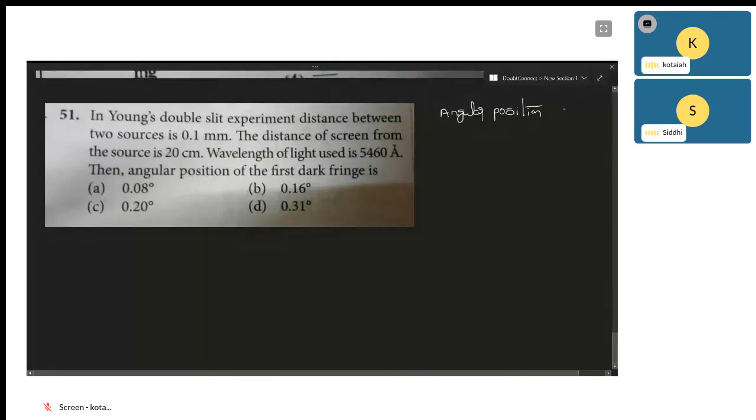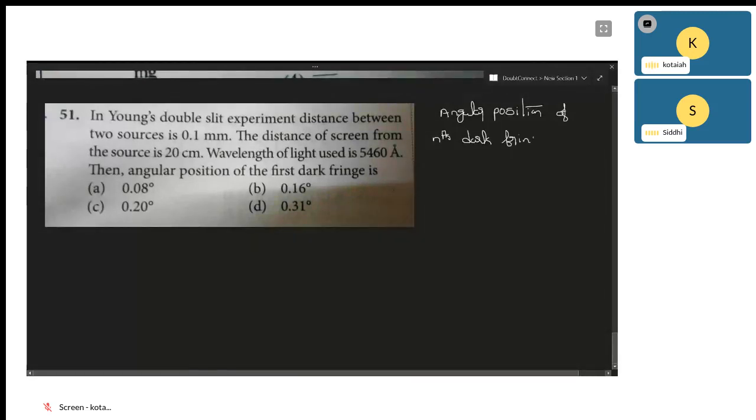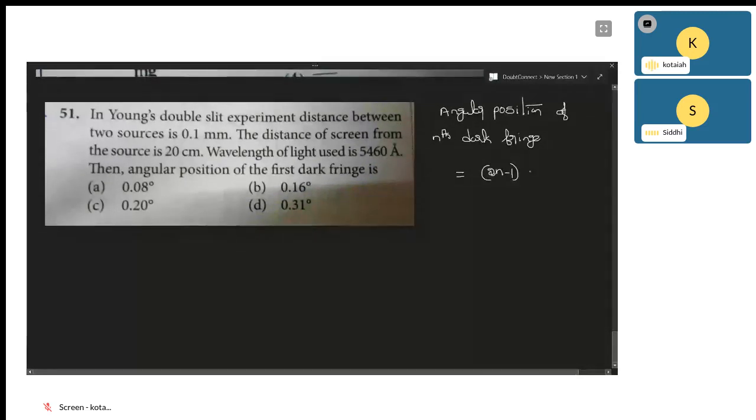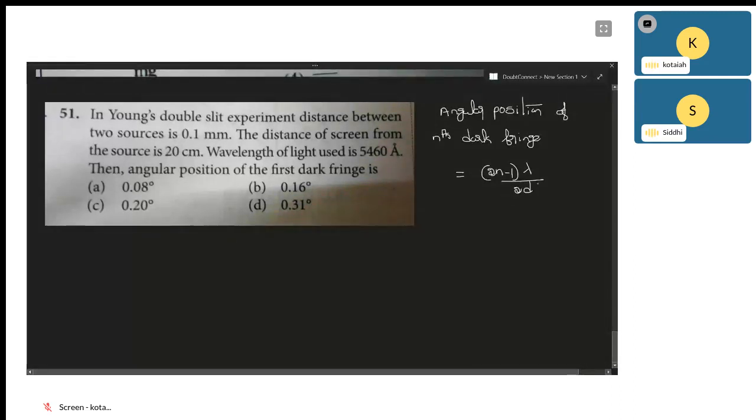The angular position of the nth dark fringe is equal to (2n minus 1) into lambda by 2 into small d.